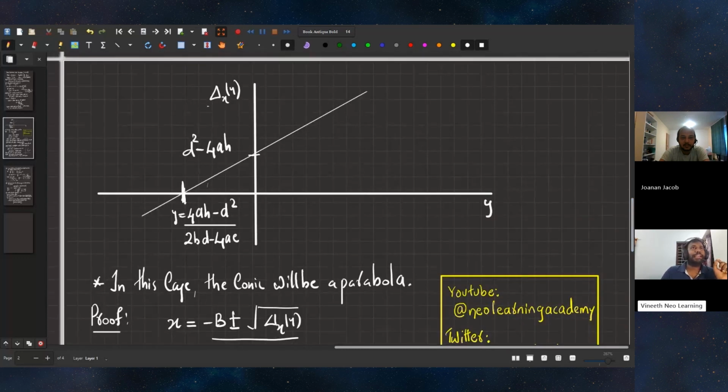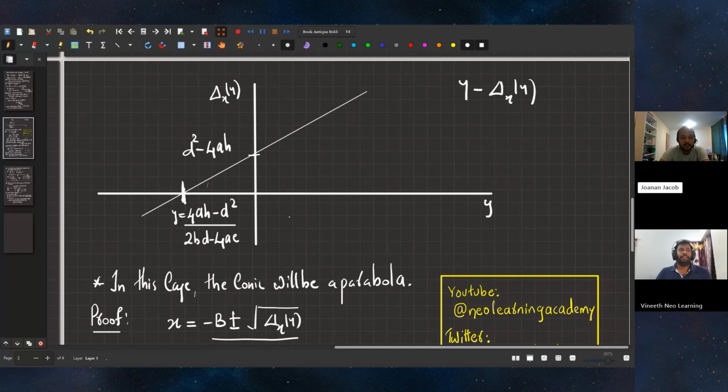Whenever the discriminant delta x is greater than or equal to 0, we get a conic section, meaning a curve in the XY plane, which we haven't drawn here.